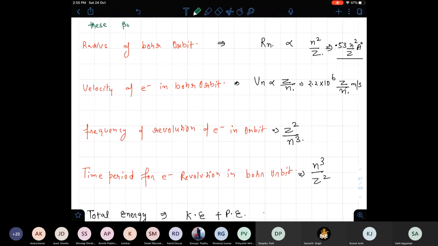These Bohr formulas are used for single electron species only, like hydrogen, helium plus, lithium 2 plus, beryllium 3 plus, kind of.